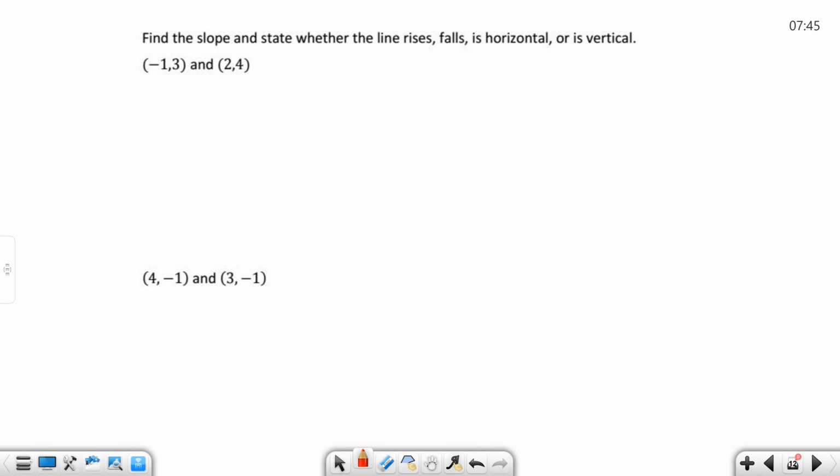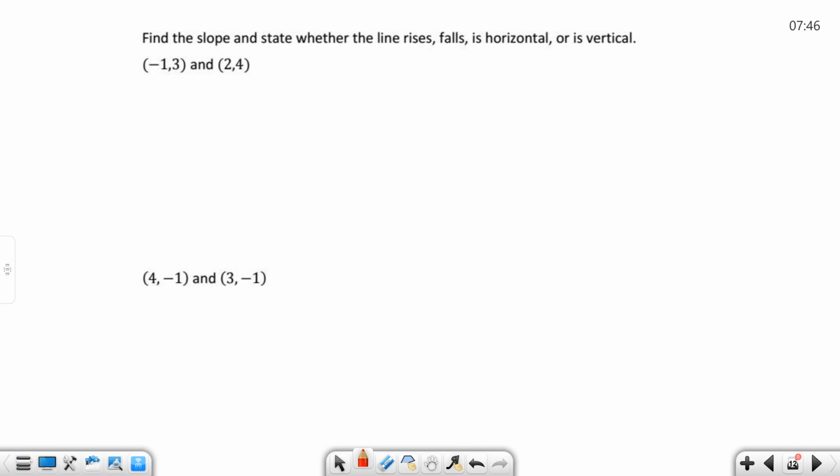And we know from horizontal and vertical lines that a horizontal line has 0 slope, and it's y equals a number. A vertical line has undefined slope, and it's x equals a number. So we know those things. They're all intertwined and interlinked together with lines and linear functions and linear equations and that kind of stuff.